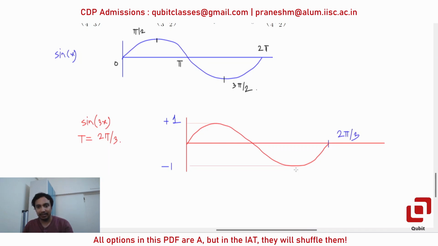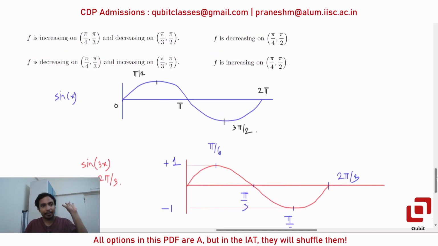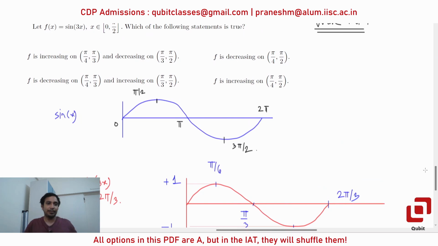I'm only showing one cycle. So how much will this be now? 3 pi by 6. So this will be pi by 2. This is pi, so this will be pi by 3, and this will be pi by 6. Just divide every number here, pi by 2, pi, 3 pi by 2, 2 pi by 3, and your job will be done. Had it been sine 4x, we would have divided by 4. Great. Now let's go for option A.